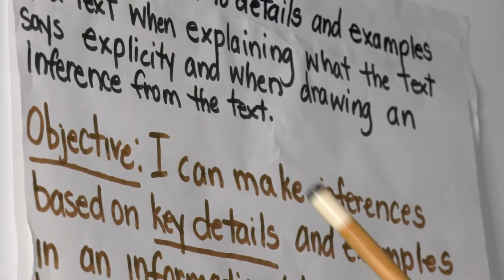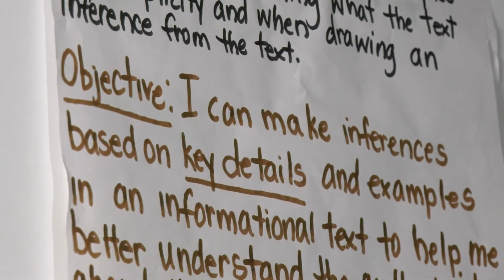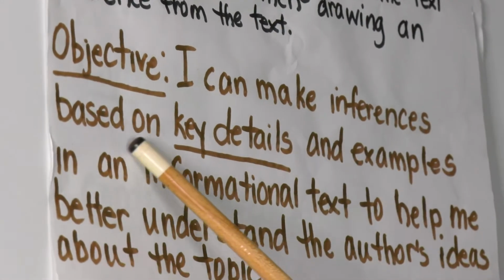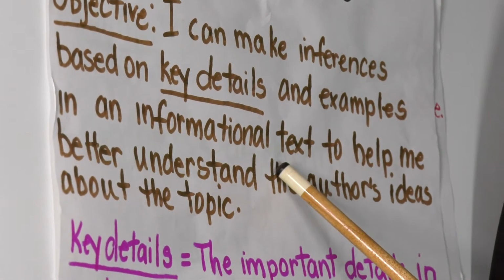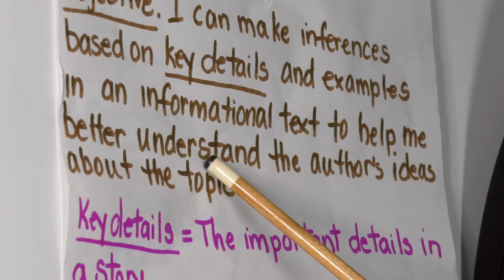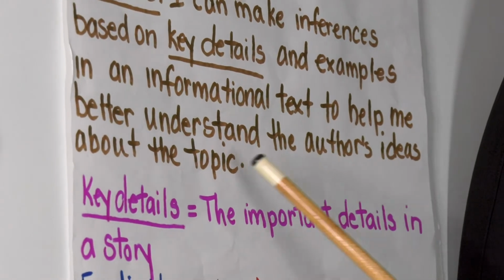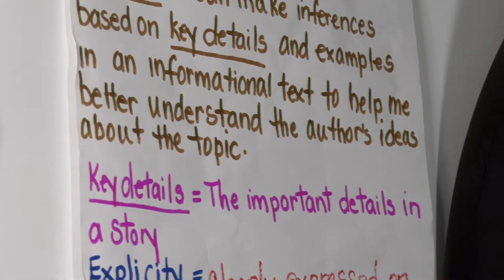Okay, so the objective today is: I can make inferences based on key details and examples in an informational text to help me better understand the author's ideas about the topic. Okay, let's see if we can have a better understanding of that objective.